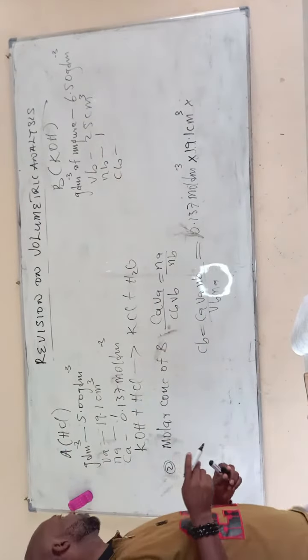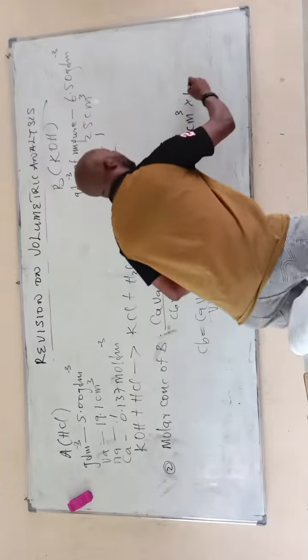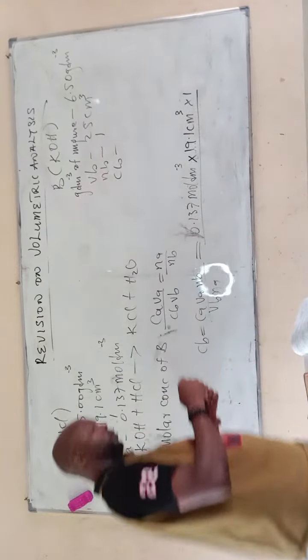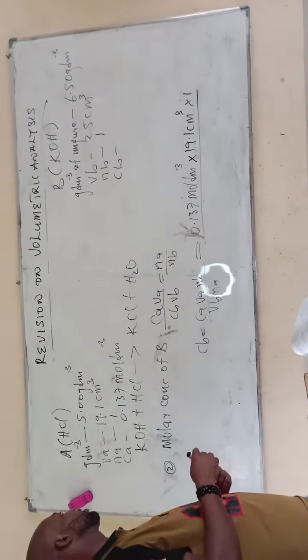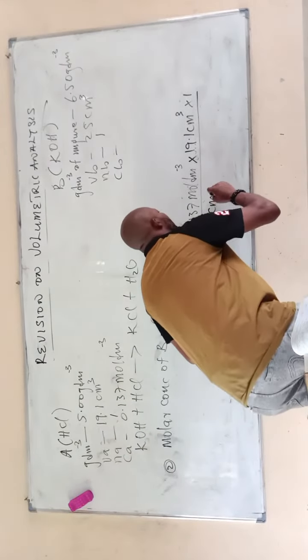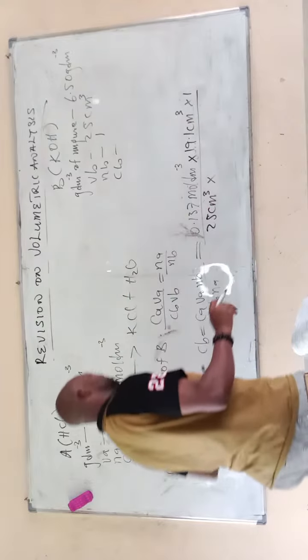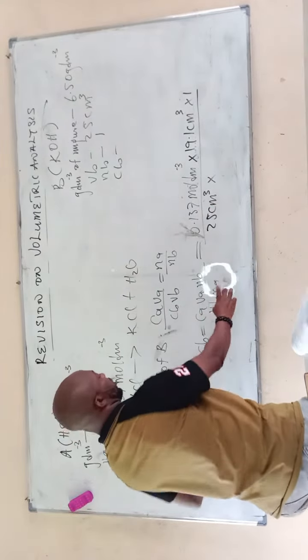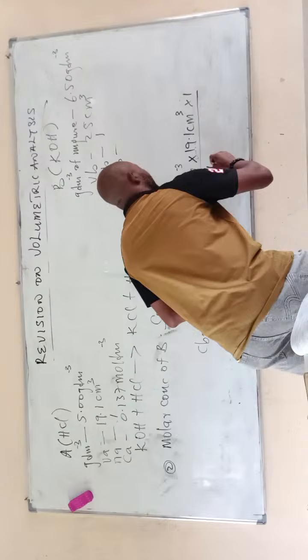The number of moles of the base is 1, while the volume of the base is 25, times the number of moles of the acid, which is 1.